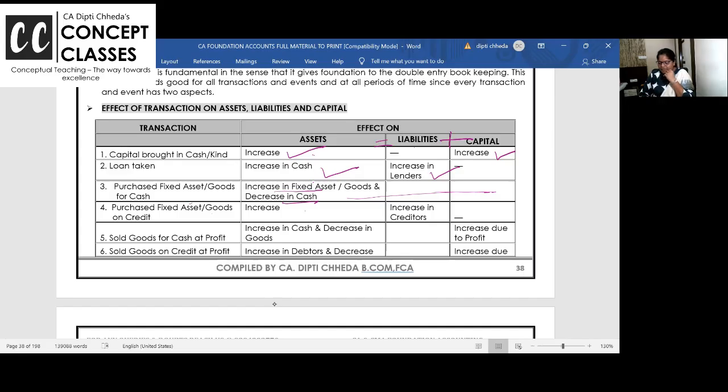Now purchase the fixed asset and the goods on credit. अब क्या करेंगे? Asset is increasing, and you didn't purchase the goods in cash. You have taken on credit from, say, Ramanand. Say you have purchased a fixed asset, so fixed asset is increasing, but no cash is going out. So liability is also increasing. Equation effect should be same.